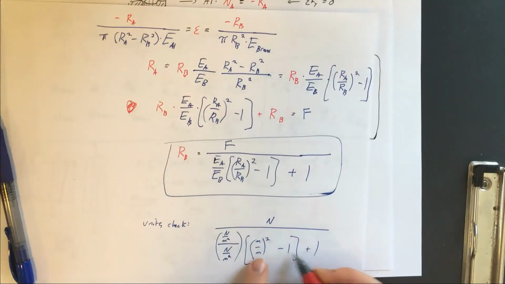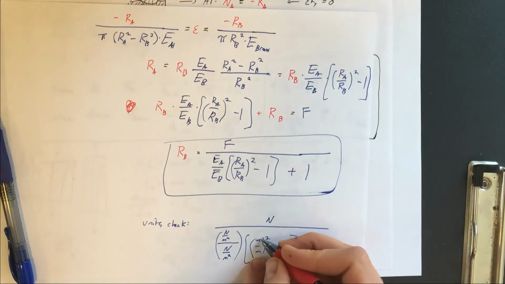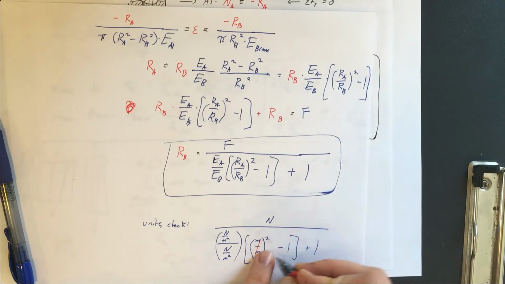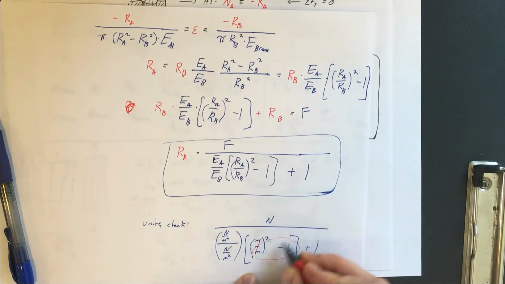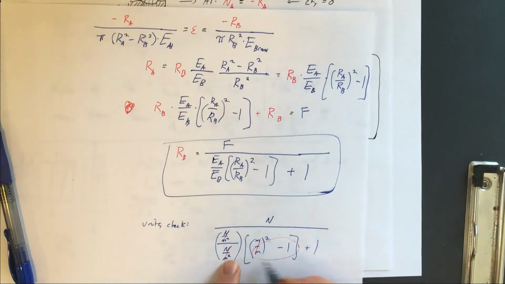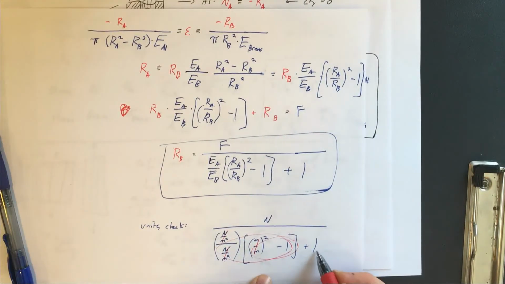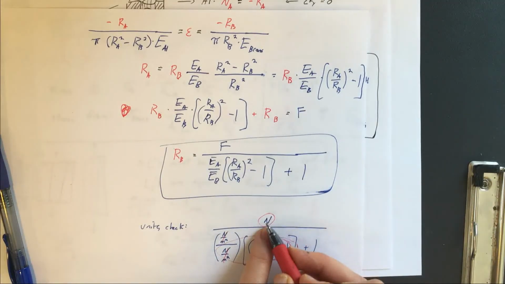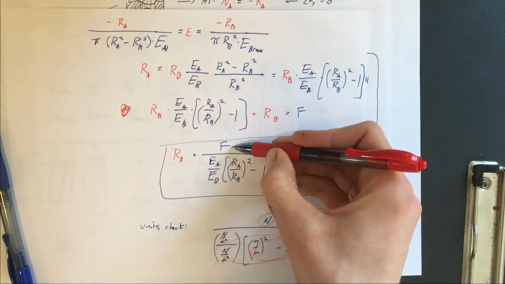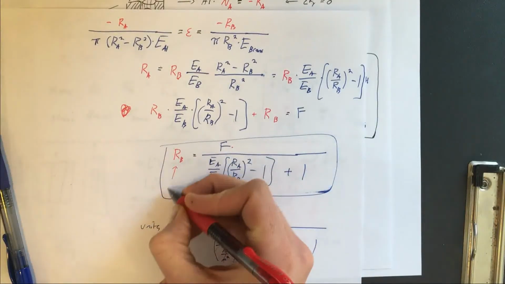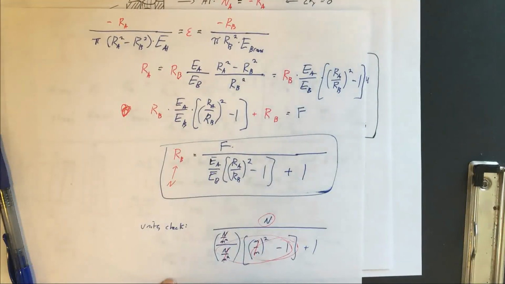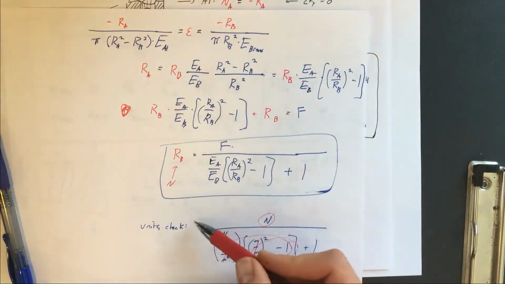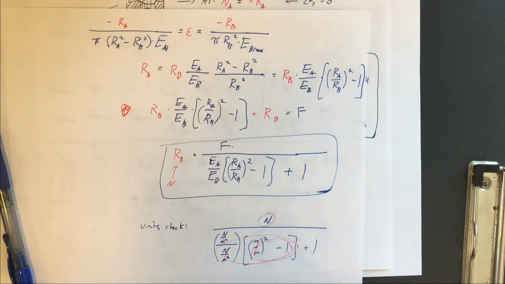Well, this is okay, right? The meters over meters cancel, and something without units squared is fine. So this whole thing is okay. These units cancel, so this whole thing doesn't have units, and 1 doesn't have units either. Then we're left with just newtons in the numerator, the newtons associated with this F here, and RB is a reaction force, which is in newtons as well. So our units check lines up, so we're getting a sane answer.